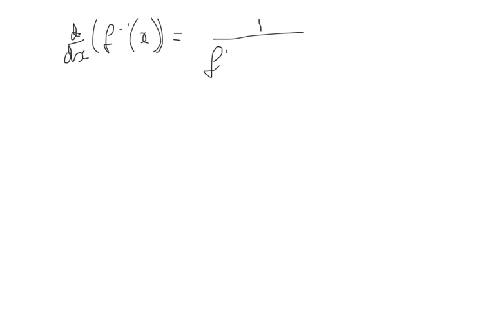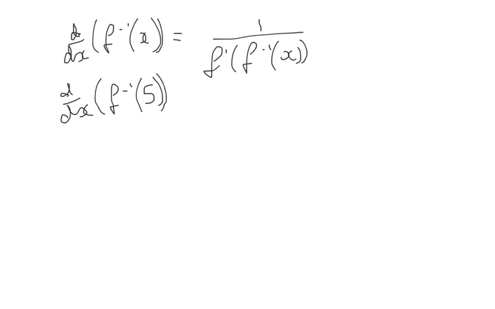So we follow back to our formula for the derivative of the inverse function. 1 over f dashed inverse of x. This time we're working out what this value is when x is 5. So evaluating these is slightly easier than actually working out the formula.